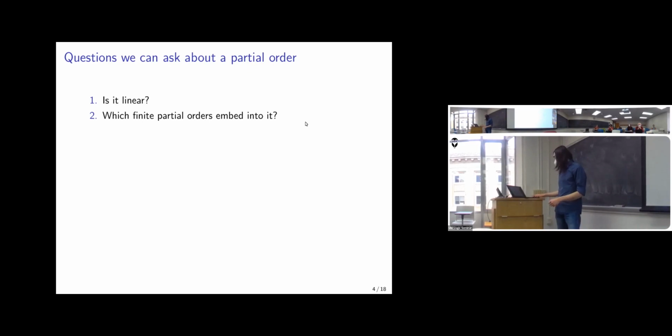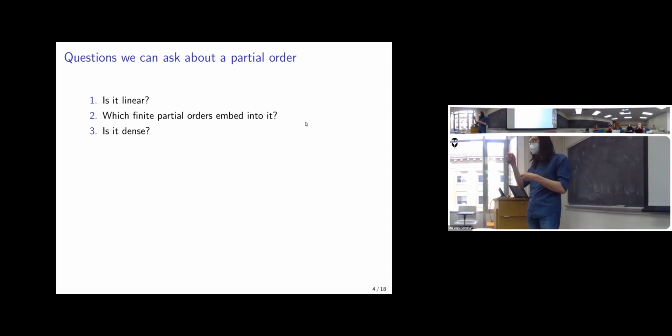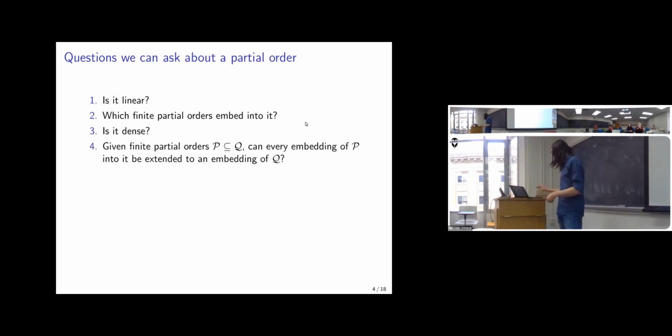Another question that you might be interested in is the question of density. Between any two which are comparable, can you find a third one? That's the question of density. More generally, given any pair of finite partial orders, P a subset of Q, if you have an embedding of P, can you extend it to an embedding of Q?